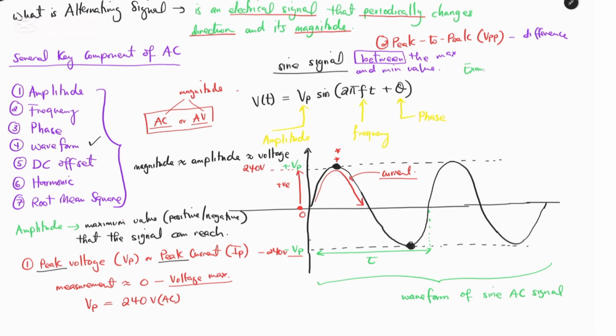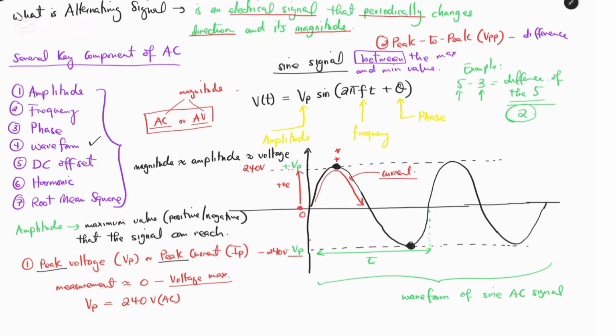For example, if we have 5 minus 3, we are taking the difference of 5 and 3, which gives you 2.